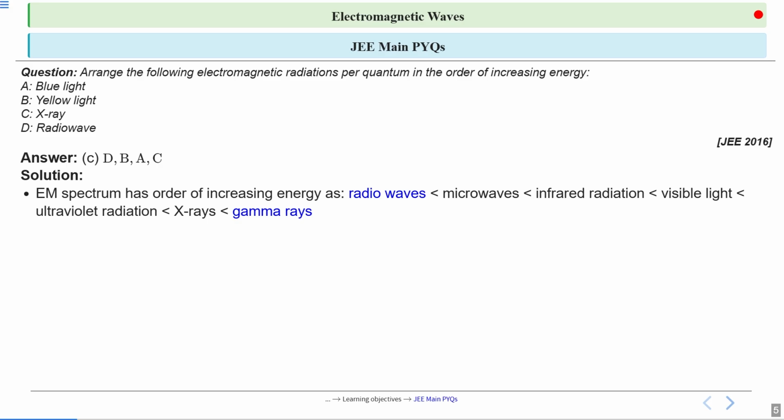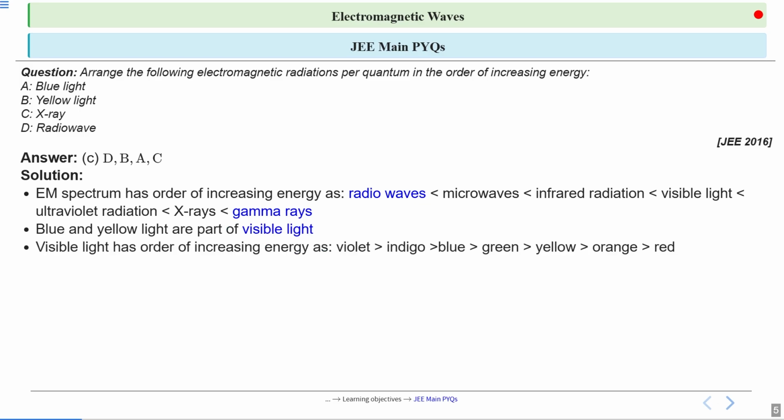So that means X rays will have the most energy among these given four electromagnetic radiations, and radio wave will have the least energy. But what about blue light and yellow light? Blue and yellow light are part of visible light. So visible light has order of increasing energy as follows.